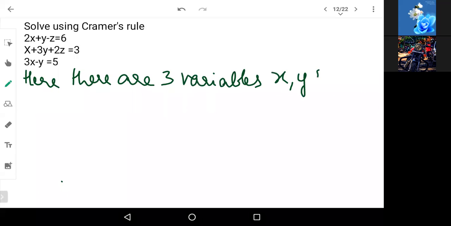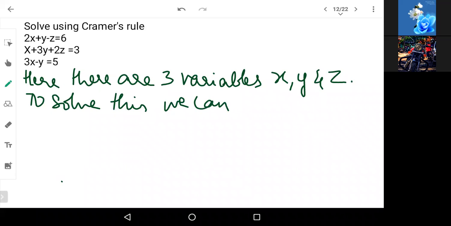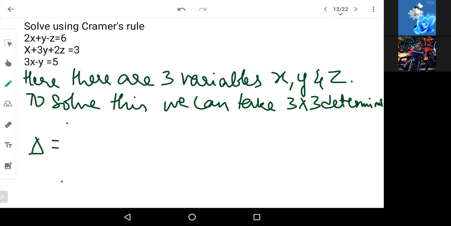X, y and z. So to solve this, we can take 3 by 3 determinant or 3 into 3 determinant. So let us calculate the delta.